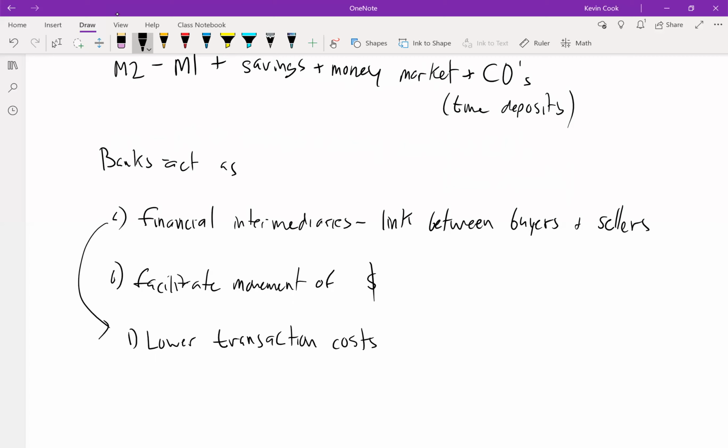Meaning they probably won't give me the 15 grand, but they'll give it to the manufacturer, and say, all right, you can go out and buy your car. I get the car, and then I pay them back. So I don't have to go out and find people to borrow money from. Instead, I know that if I need to borrow money, I can go to the bank, and hopefully I can get approved for a loan.